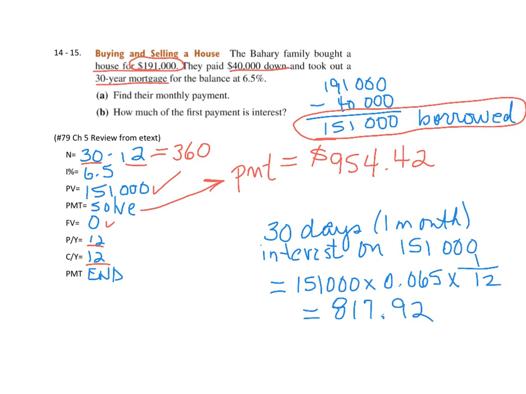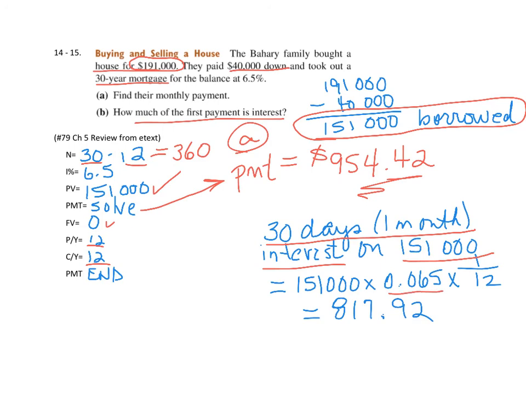The second question, because this was only part A, how much of the first payment was paid in interest? Because this did not all go toward reducing the debt. Some of it went toward interest. And the way you calculate that interest on that first payment is for 30 days or 1 month, they were being charged interest on $151,000 at a rate of 6.5% for 1 month.